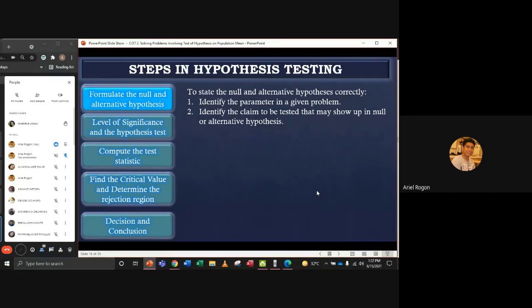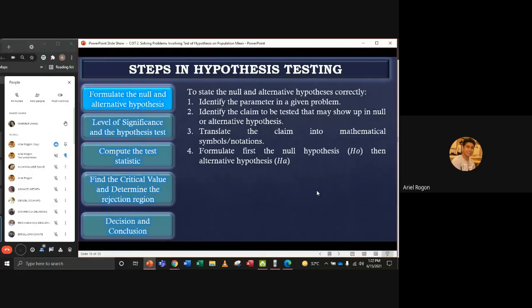Where can we find that? The claim is either in the null or the alternative hypothesis. After that, we translate the claim into mathematical symbols and notations. And after that, we formulate our null and alternative hypothesis.